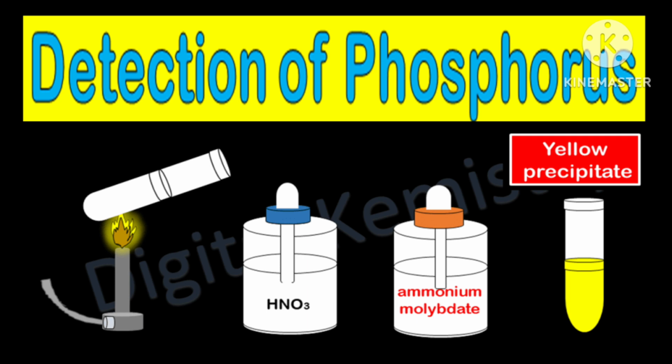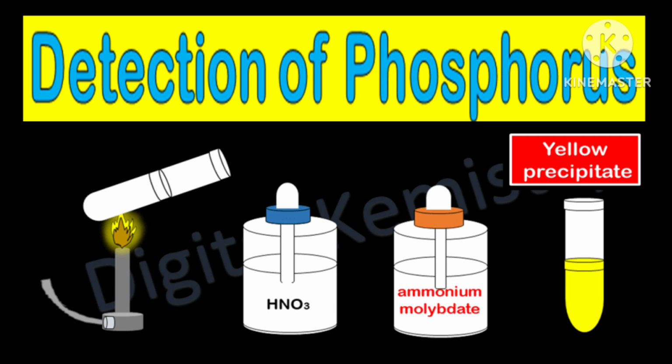The solution is boiled, because now phosphate has formed, with nitric acid and then treated with ammonium molybdate. Ammonium molybdate is used very rarely. It is very popular and known only for the phosphate test.